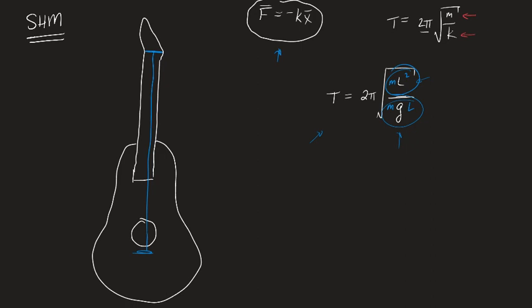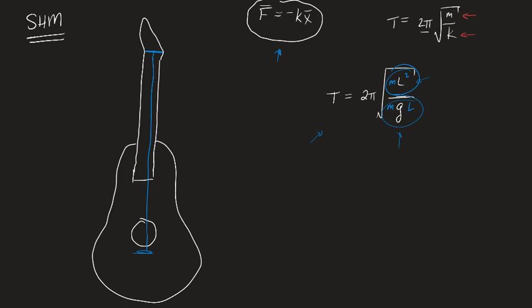Now, anybody who's played a string instrument knows that you probably can adjust how fast it oscillates by changing something about the string. What's something you can change about the string? So there's something that will increase or decrease the tension. So if I increase the tension, does it oscillate faster or slower?